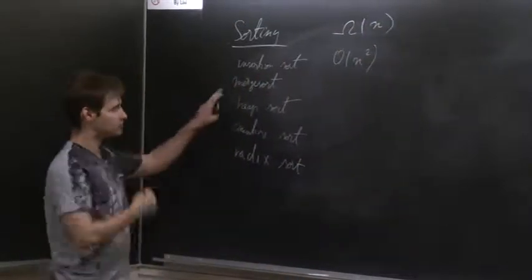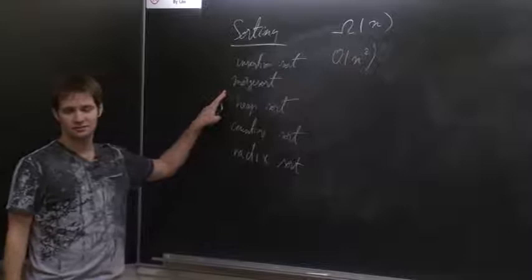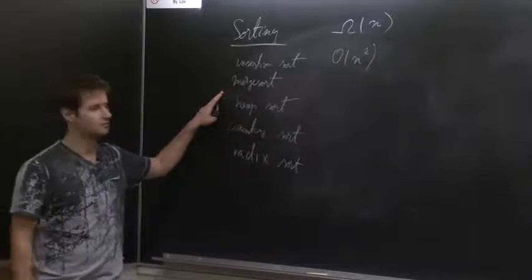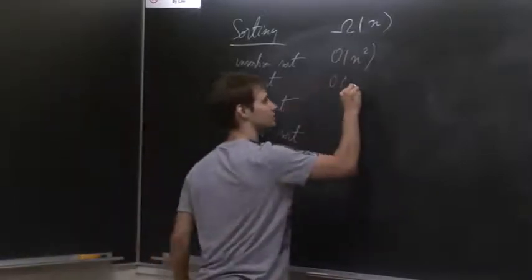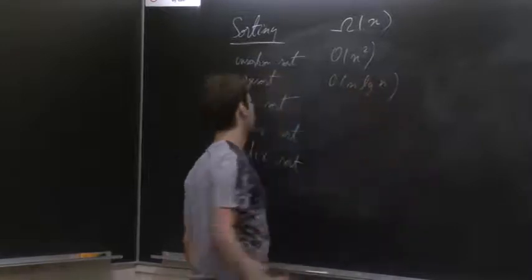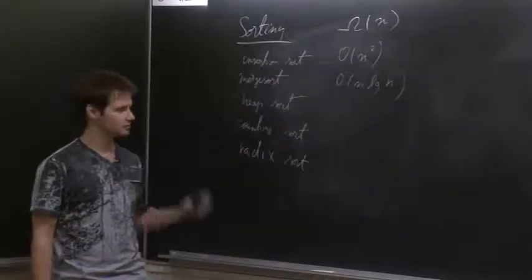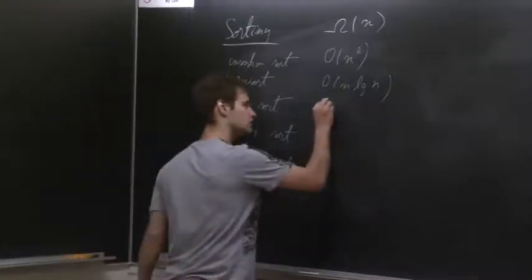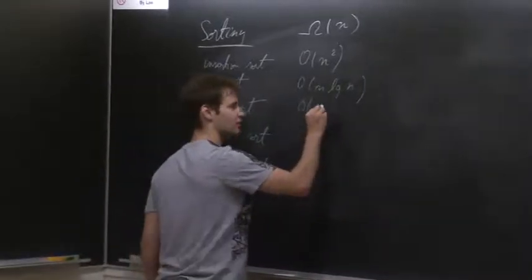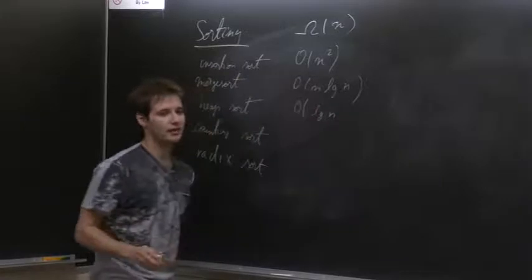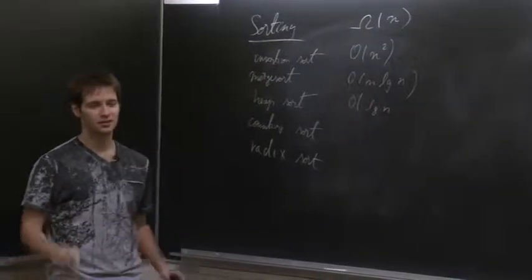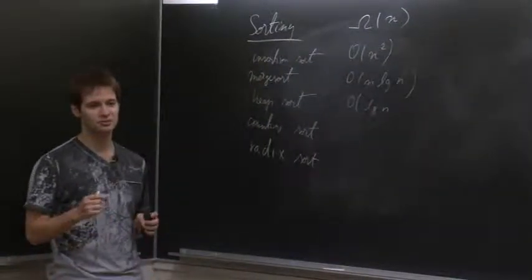All right, how about merge sort? Heap sort. Order h, which is log n, I believe. And you're missing a factor. A heap operation takes order h, which is log n.